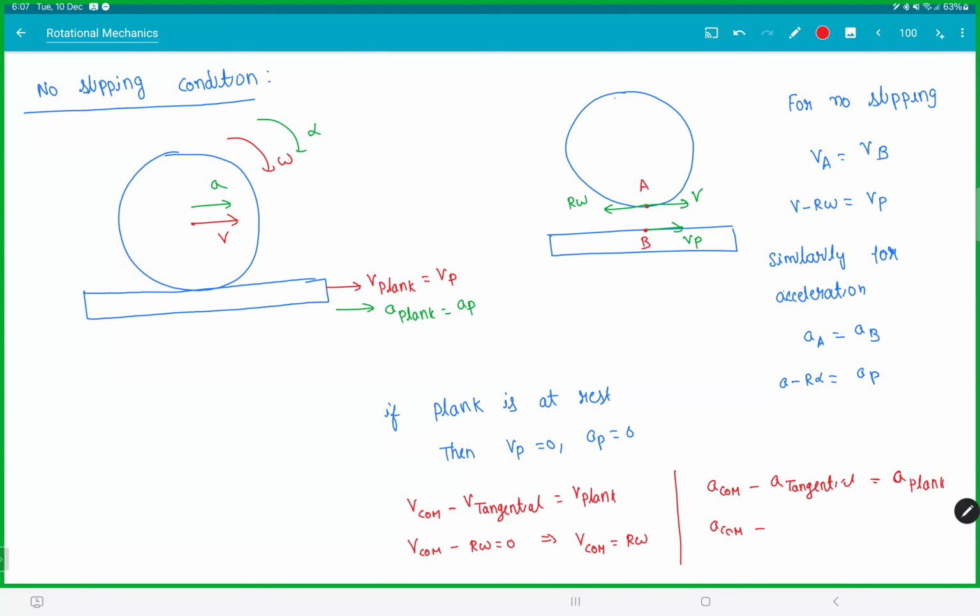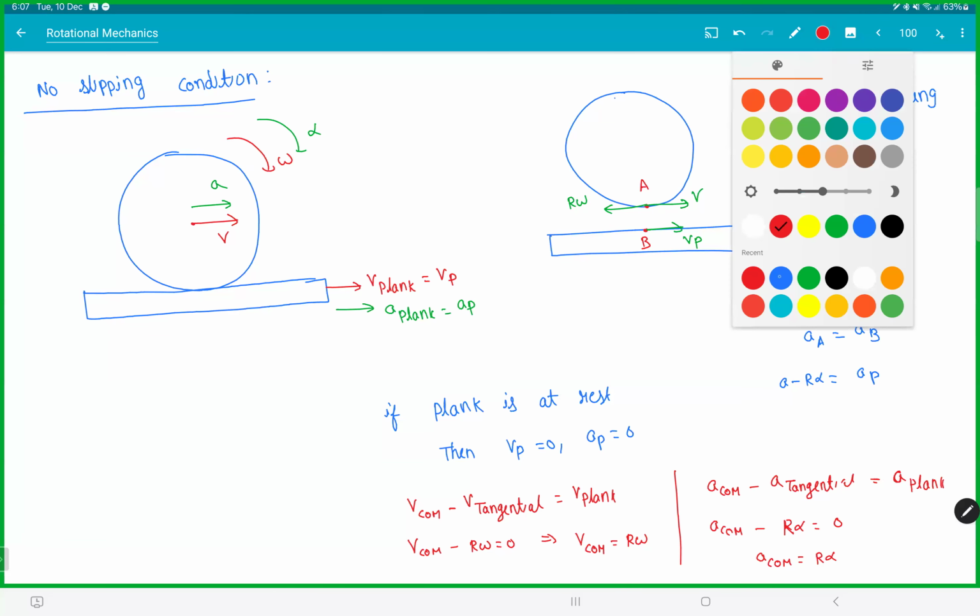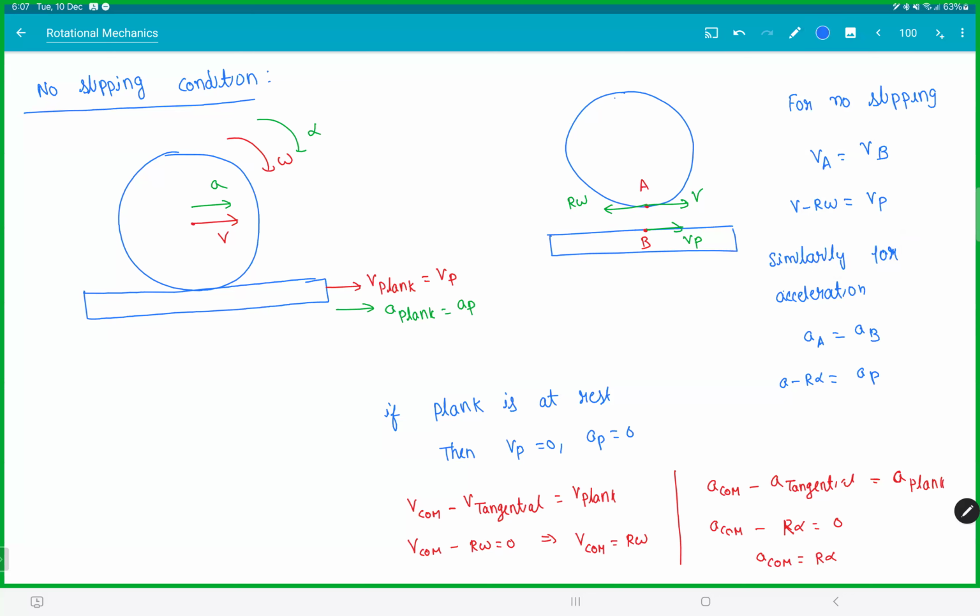Circular motion, V is equal to R omega. Blunder. This is R alpha equal to 0. Let's see if you will get the hang of this. Is this clear, everyone? That's it. This is the meaning of no slipping condition. Whenever you have two bodies at the point of contact, the relative velocity and the relative acceleration must be 0.